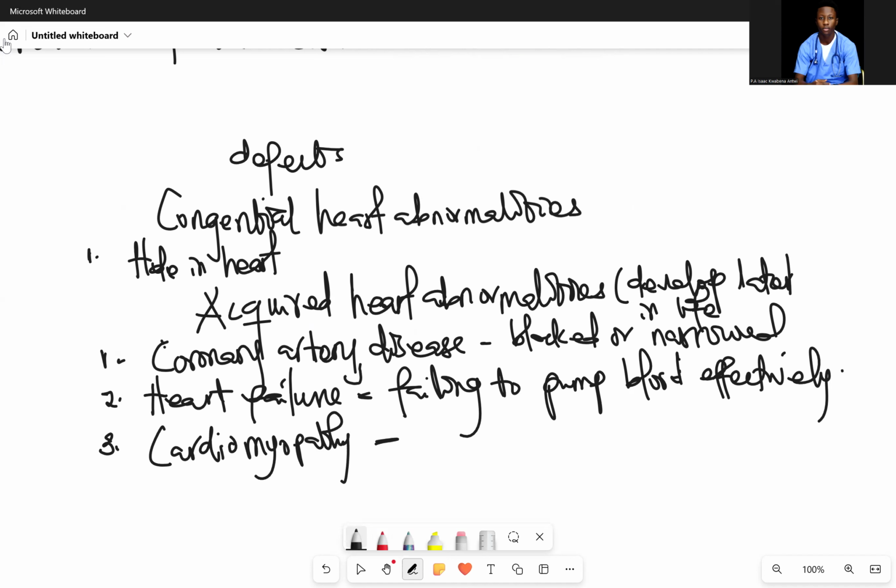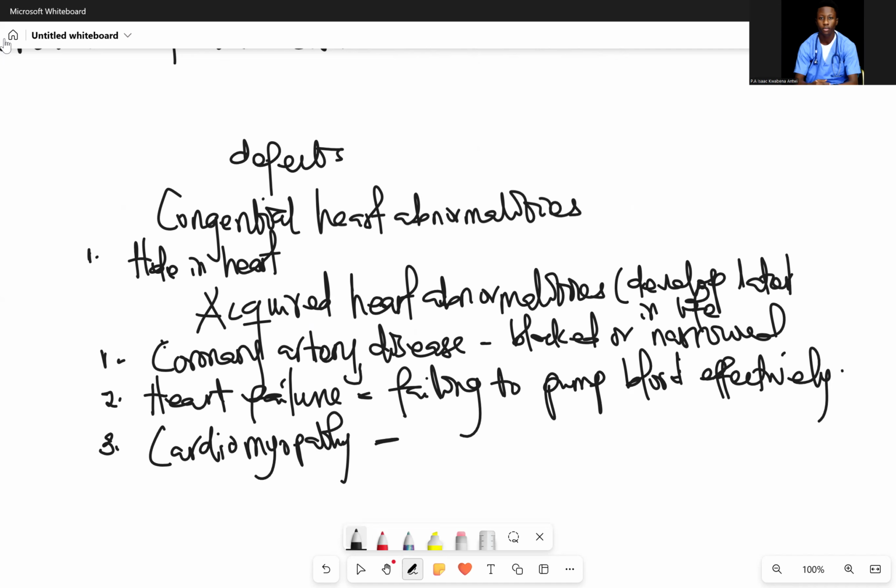It's the muscle that allows it to contract and relax to be able to carry out its pumping activity. Please, are you listening to me? When the muscle becomes weak or stiff, that's what we call cardiomyopathy.